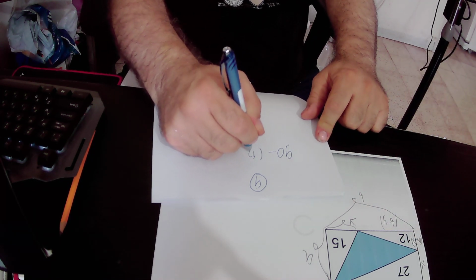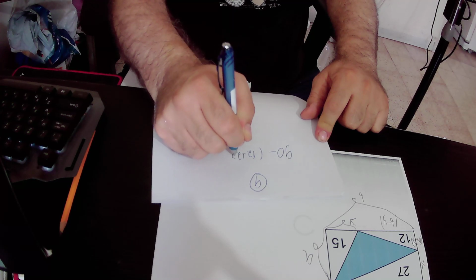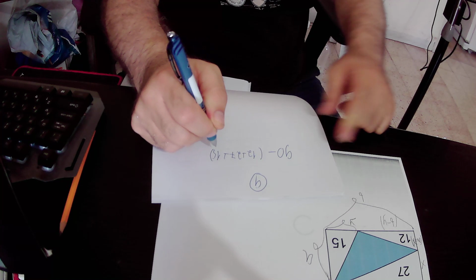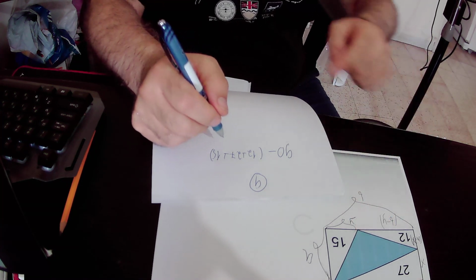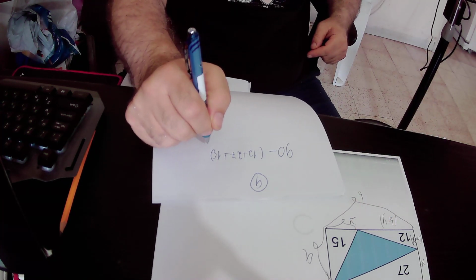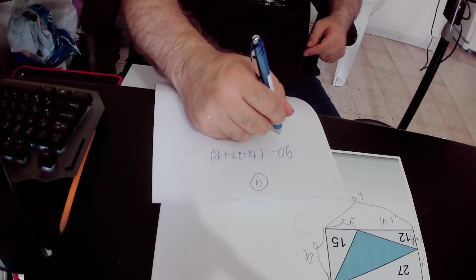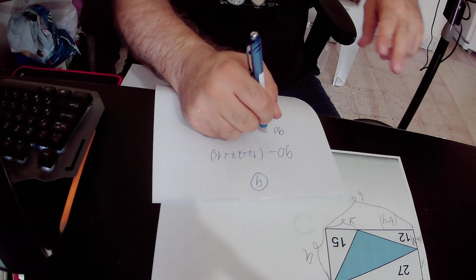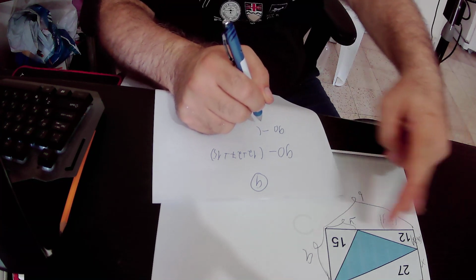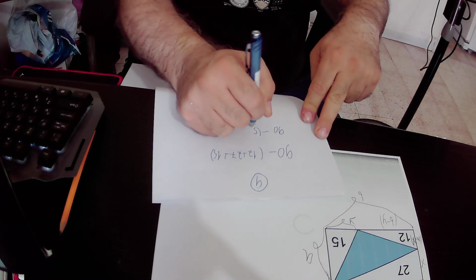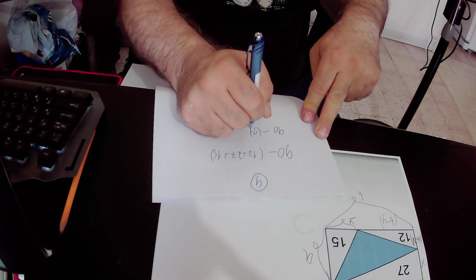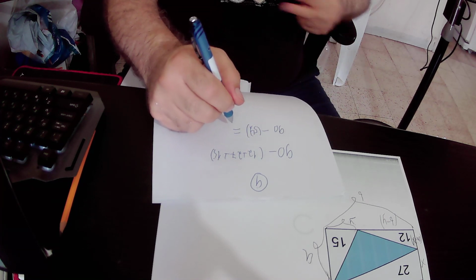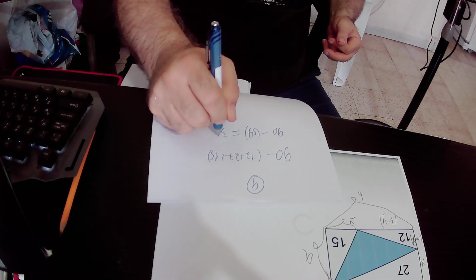So 12 plus 27 plus 15, the area of the rectangle minus the sum of the areas of those three triangles, is 90 minus 54, which is 36 units.